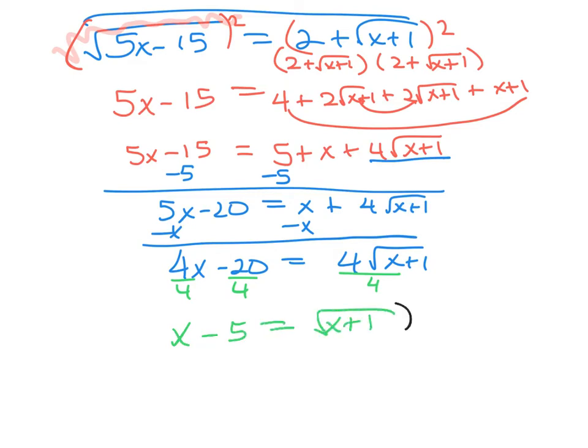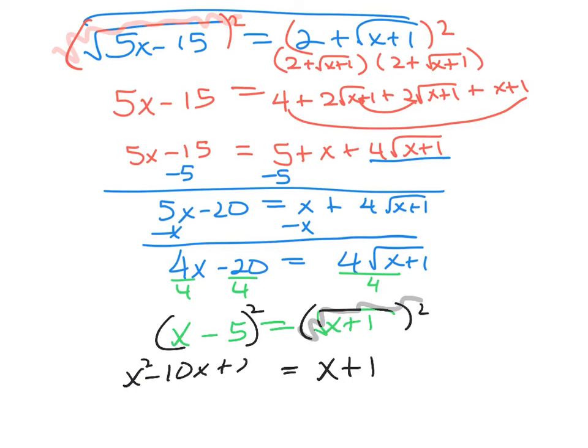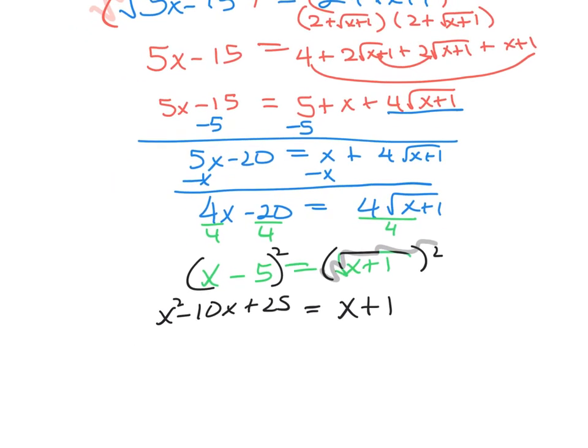Now I'm going to square both sides to cancel the radical. This cancels, so I'm left with x plus 1. Over here I'm going to FOIL x squared minus 10x plus 25. I'm going to move the x.